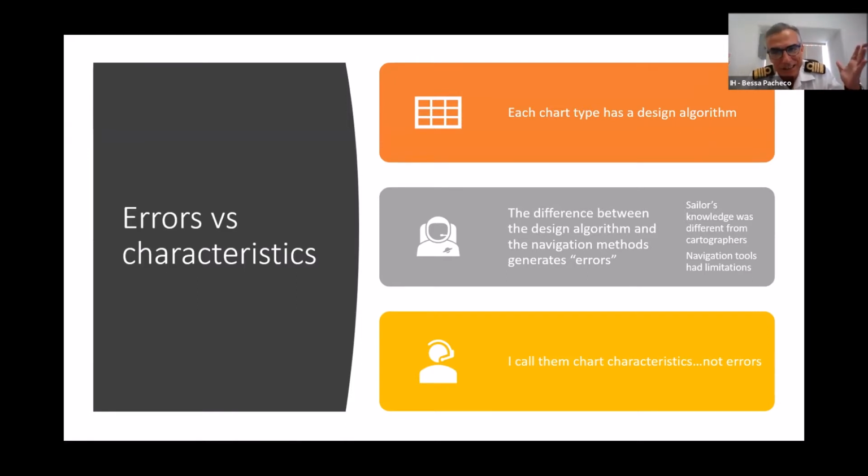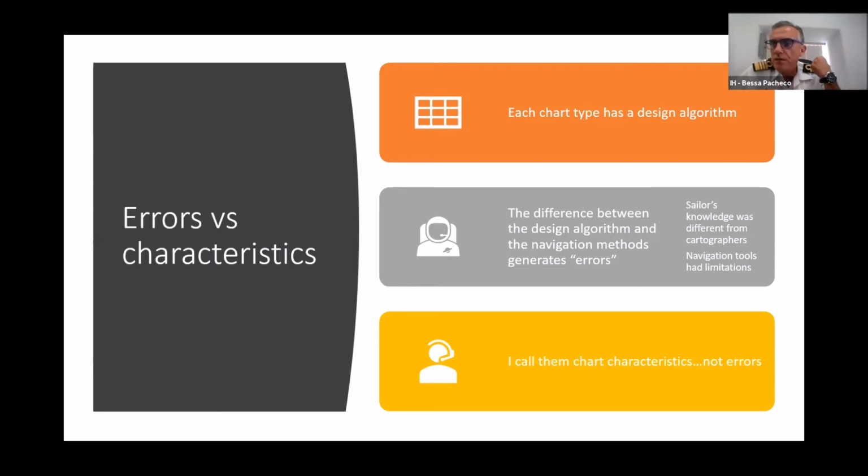It just means that each chart has its own design algorithm. Sometimes they have multiple algorithms inside the same chart, depending on the size and the area coverage. But we see a consistency: multiple charts of a certain type have the same characteristics. So there's really no error on those charts.